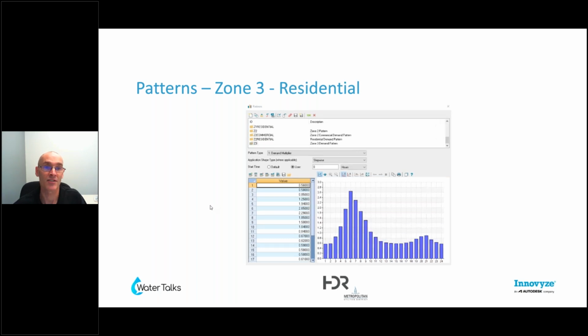And then as we move out to zone 3, that becomes primarily residential and less commercial and industrial influence. So what we see out here is just this huge peak in the morning, which really dwarfs the evening afternoon diurnal peak.